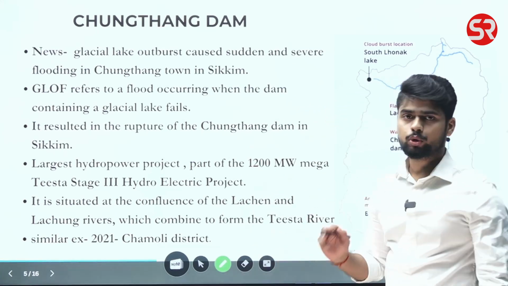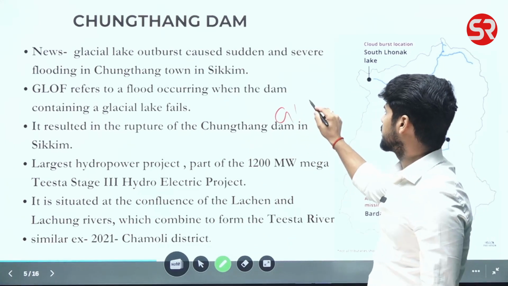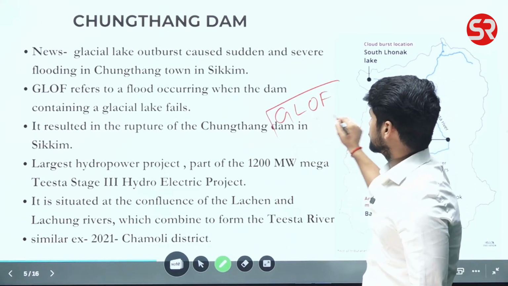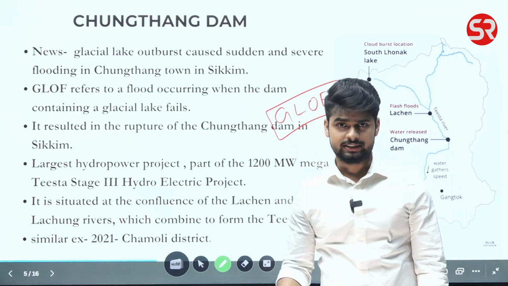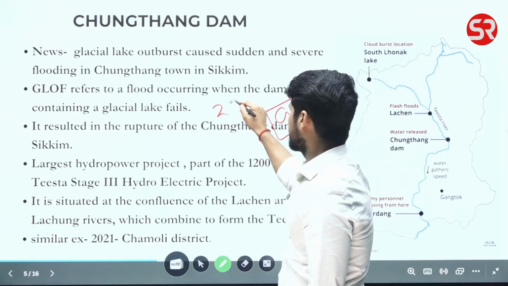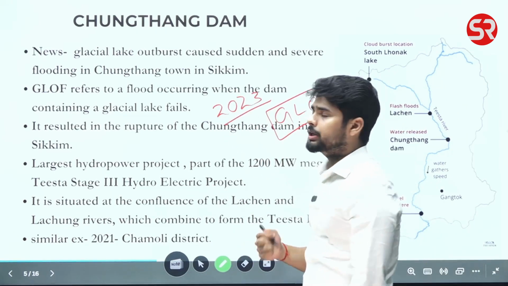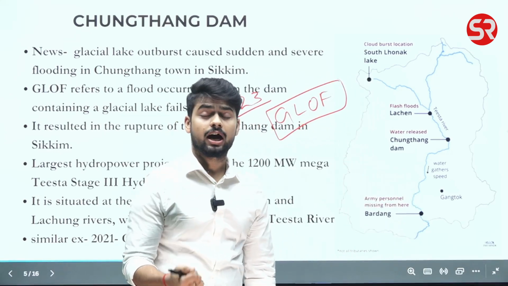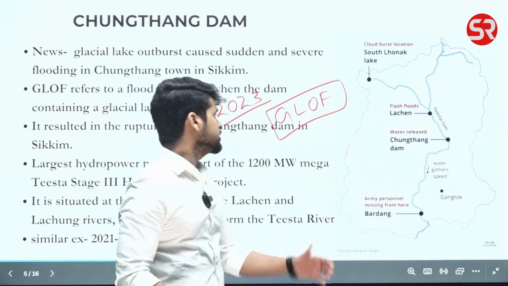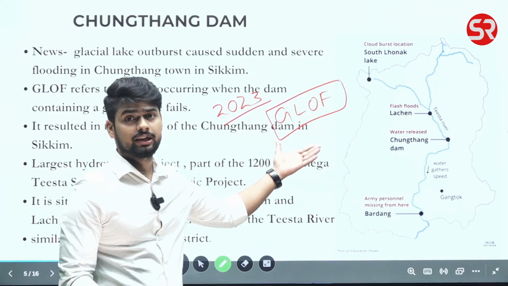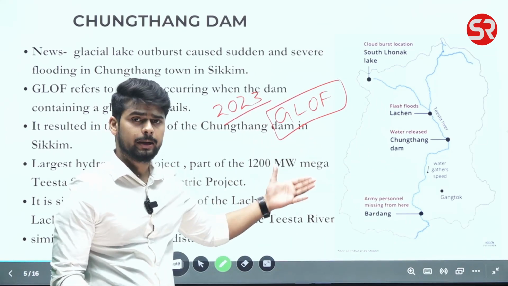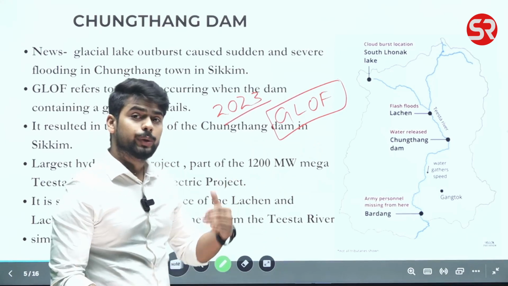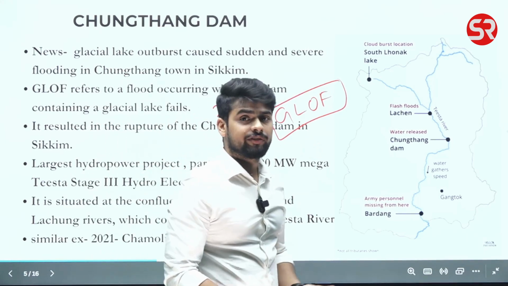One thing important about GLOF is that these days the number of cases is going to increase. In fact, at the beginning of 2023, there was a report which highlighted that more than 15 million people are at risk due to disasters like GLOF, not just in India but around the world. Now coming to India, which states are more affected?